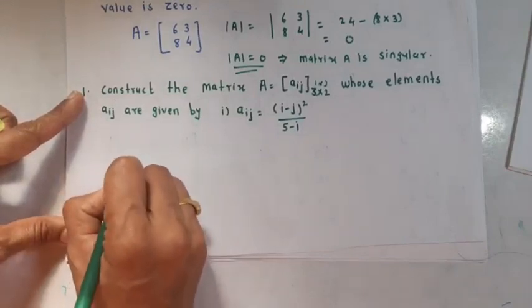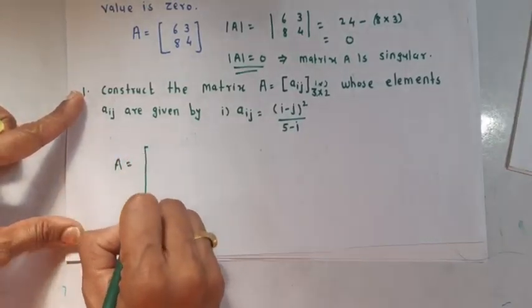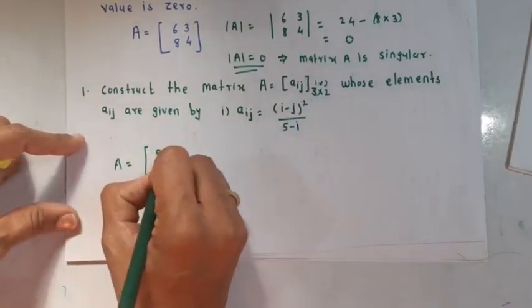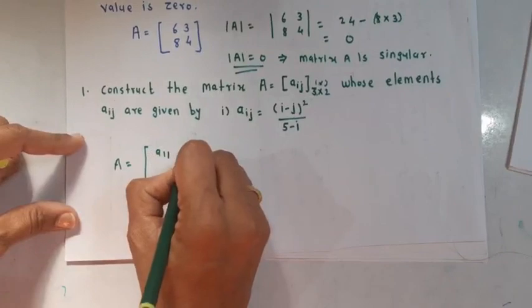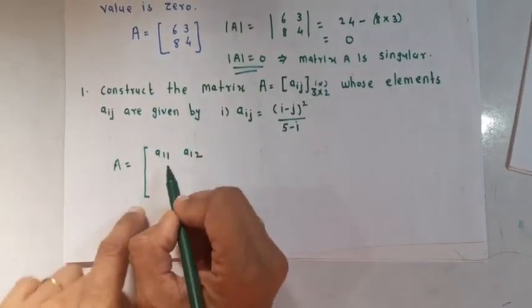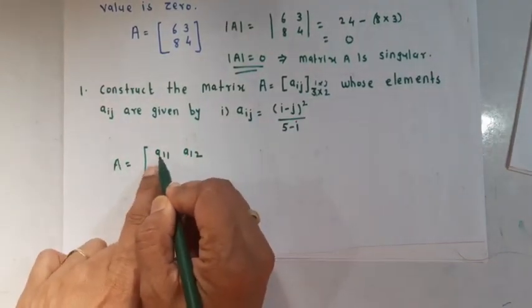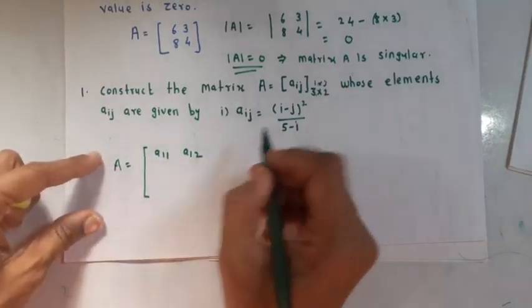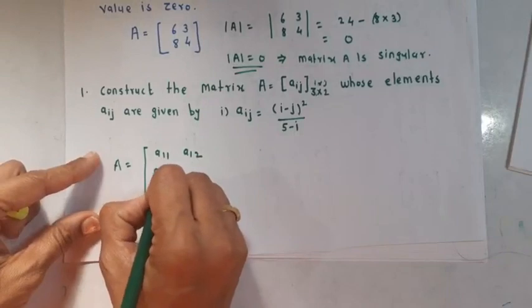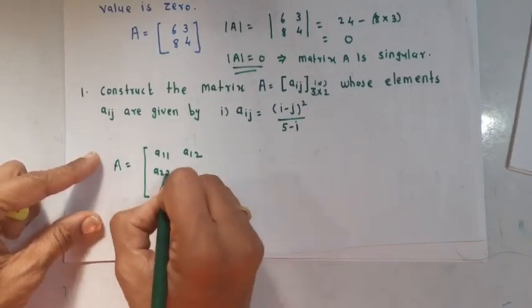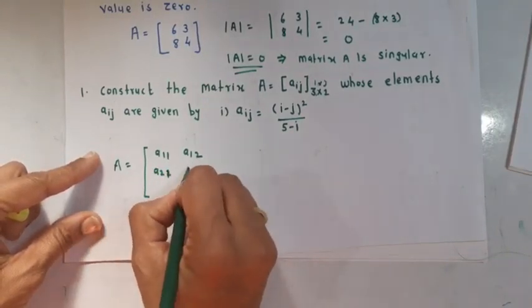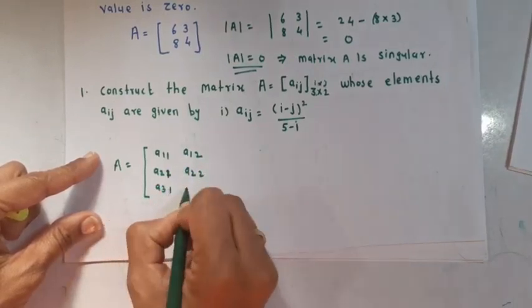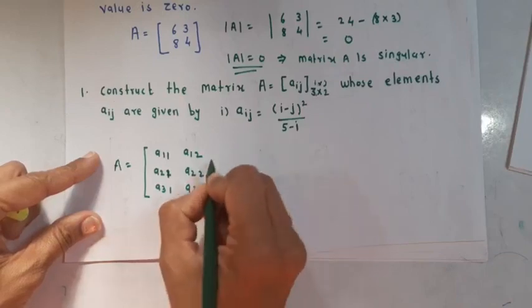Suppose we have the matrix A with 3 rows and 2 columns. So A11, A12, this is the first row. Now A21, A22, A31, A32.